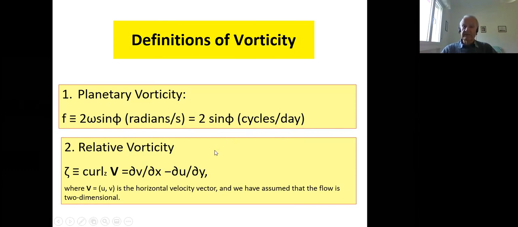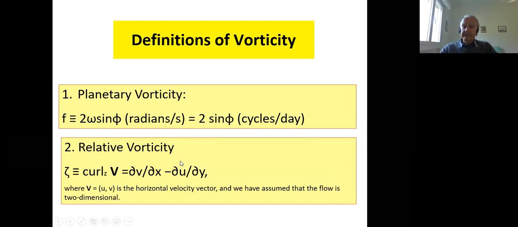On the other hand, you have the relative vorticity. The planetary vorticity depends simply on where you are on the rotating Earth. The relative vorticity is the horizontal vorticity vector, which is associated only with the horizontal gradient of velocity.